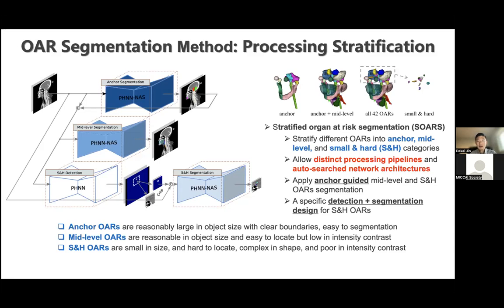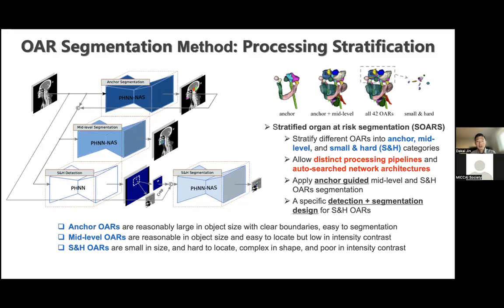And then they separate another level of small and hard organs at risk. Those refer to the organs that have an extremely small size, and some of them are hard to locate, or have complex shapes, or have intensity contrast that is very poor relative to the adjacent structures. So these are the small and hard levels, and the rest of them refer to the middle level organs.